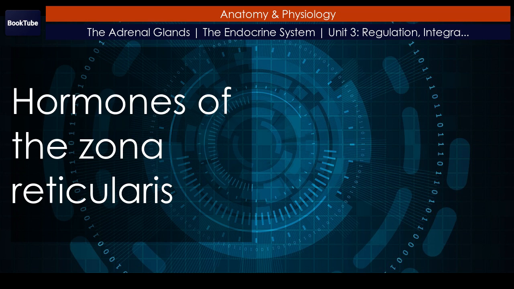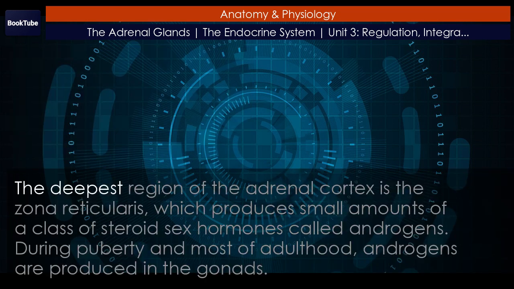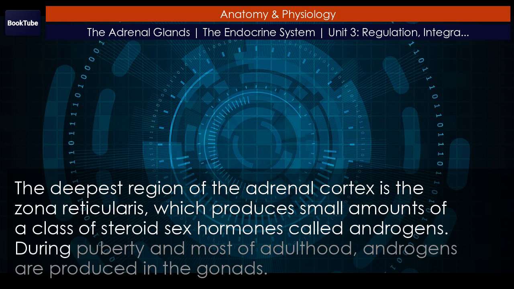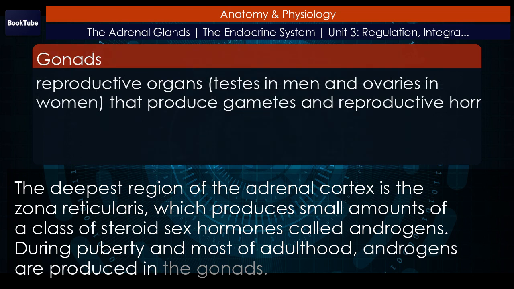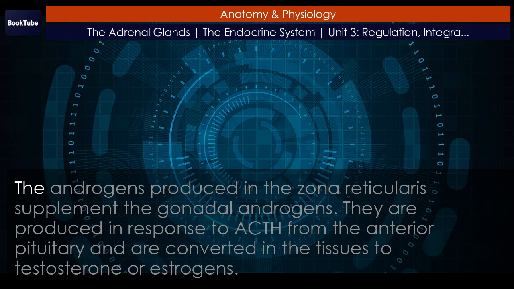Hormones of the zona reticularis. The deepest region of the adrenal cortex is the zona reticularis, which produces small amounts of a class of steroid sex hormones called androgens. During puberty and most of adulthood, androgens are produced in the gonads. The androgens produced in the zona reticularis supplement the gonadal androgens.